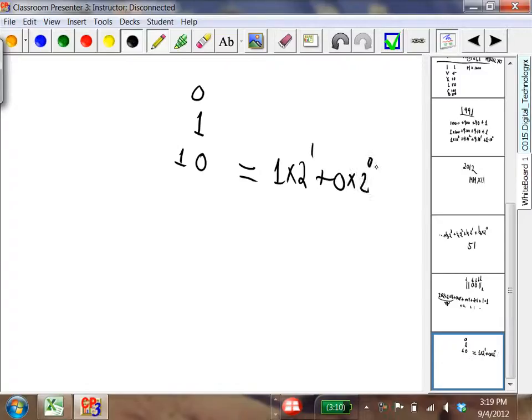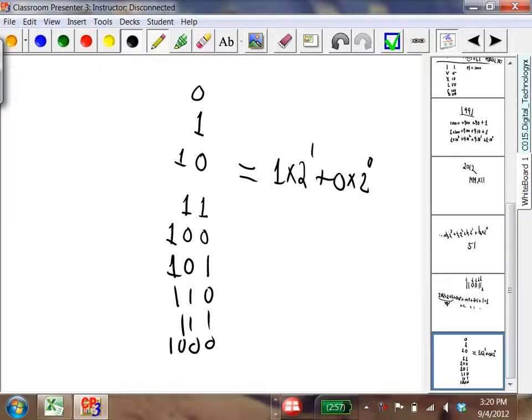Notice that in binary, 2 looks like 10. 3 is 11, 2 plus 1 is 3. 4 is 100: 1 times 4, 0 times 2, 0 times 1 is 4. 5 is 101. 6 is 110. 7 is 111. 8 is 1000.